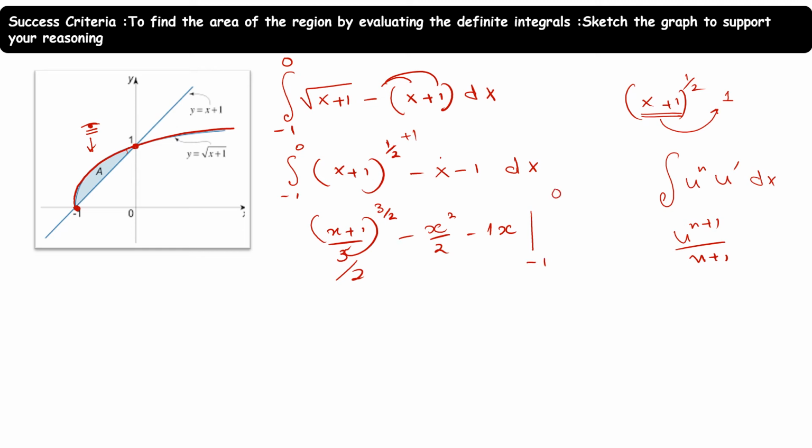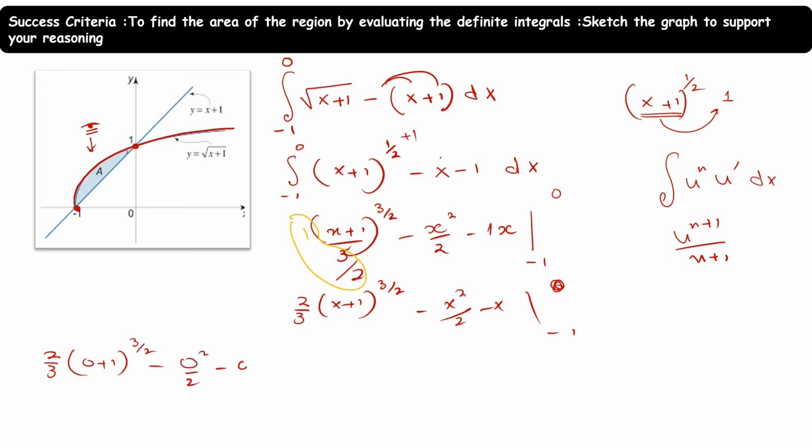But before applying the limits, we know that 1 over 3 over 2 gives you 2 over 3. So: 2 over 3, x plus 1 whole to the power 3 by 2, minus x square over 2 minus x, from -1 till 0. Now apply first the upper limit, that means replace x by 0. So you will get 0 plus 1 to the power 3 by 2, minus 0 square over 2, minus 0.